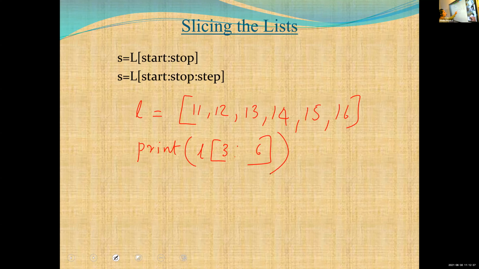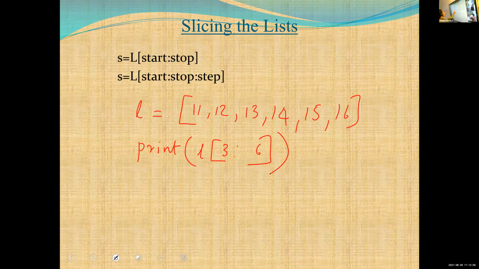Why is this square bracket used here? Because it's a list. Yes. To represent a list, we use square brackets. A sequence of values represented within square brackets is known as a list.